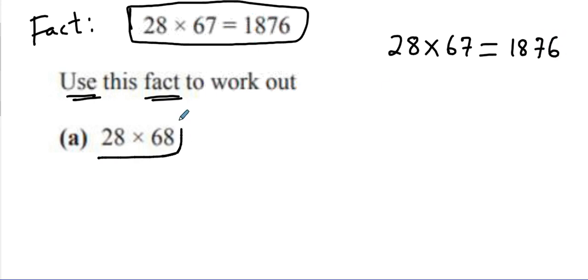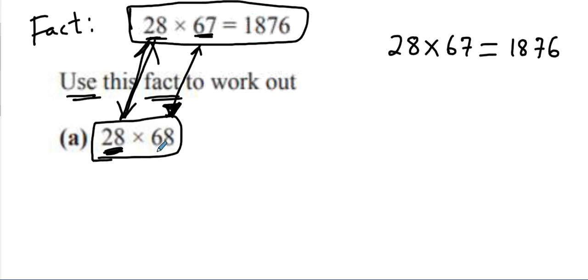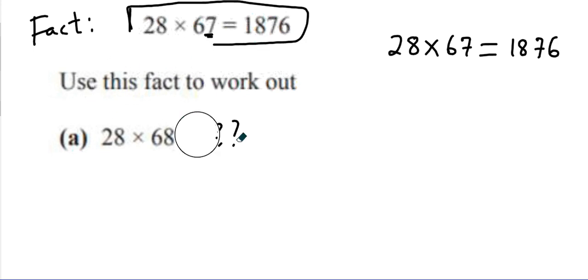Now, how about this 28 times 68? You can see that 28, they are the same over here. We have 28 here, we also have 28 here. Now, what is different is here. What is different is we have 67 here, but we have 68. And this is our question. So how do we do that?